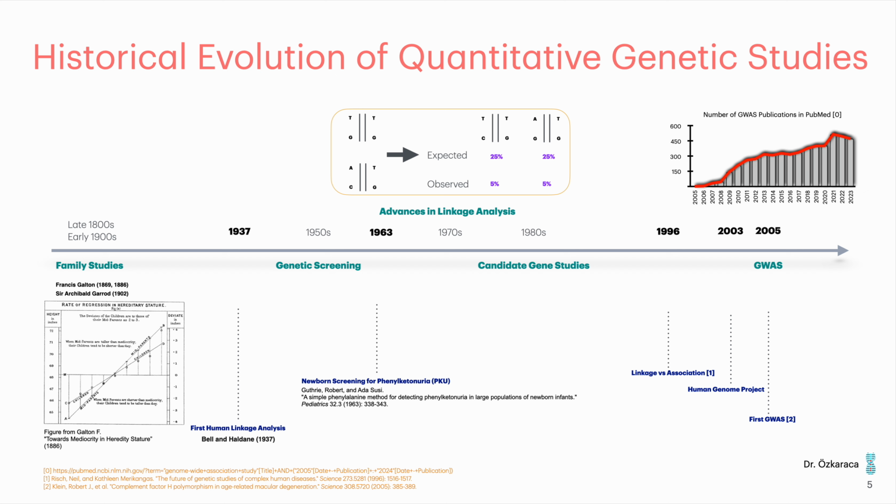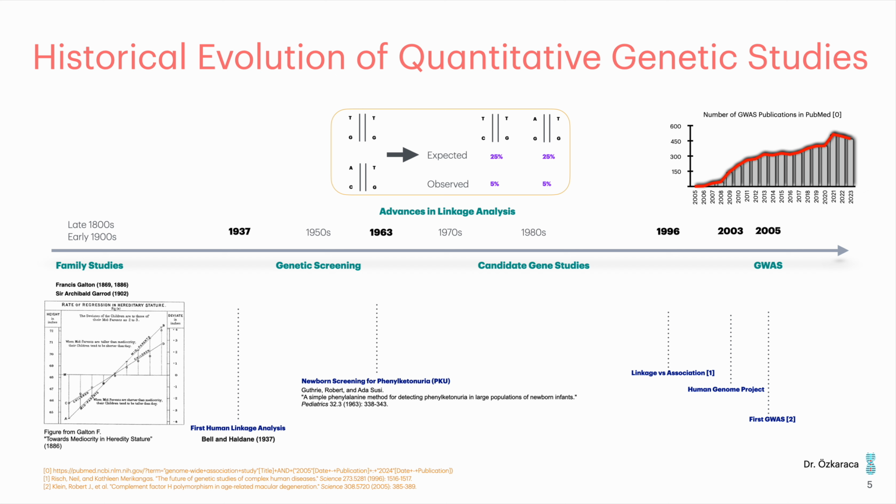By studying the co-inheritance patterns of genes and traits, linkage analysis allowed researchers to locate genes on chromosomes and identify genetic regions associated with specific traits. This breakthrough provided a foundation for genetic mapping and was instrumental in early efforts to understand the genome's structure and how it functions.